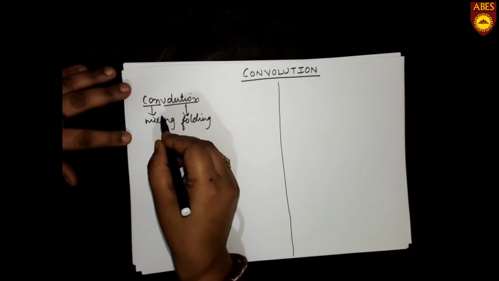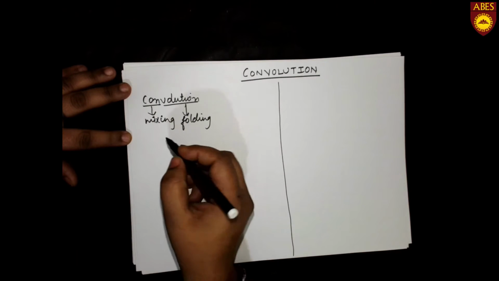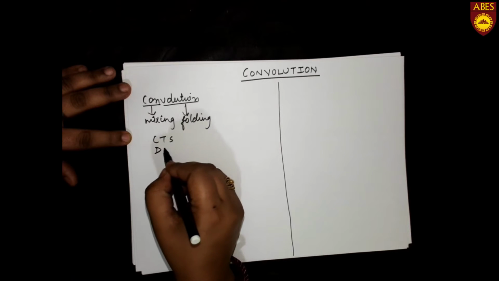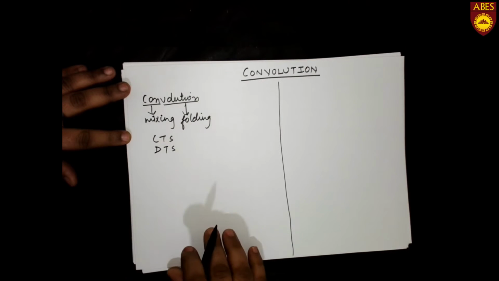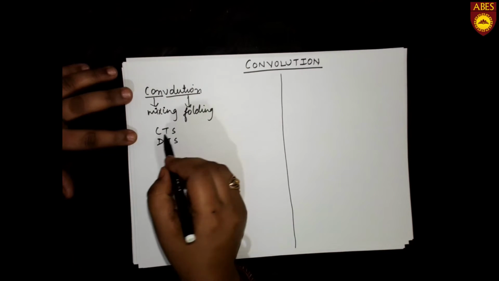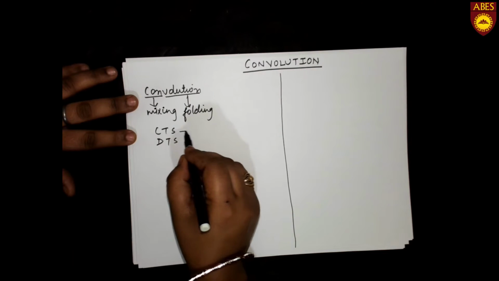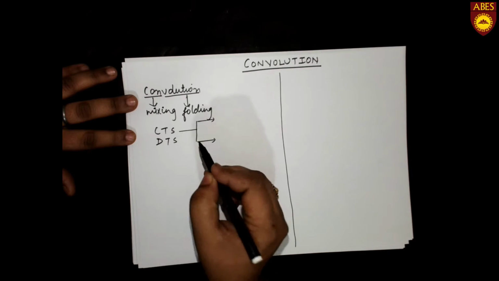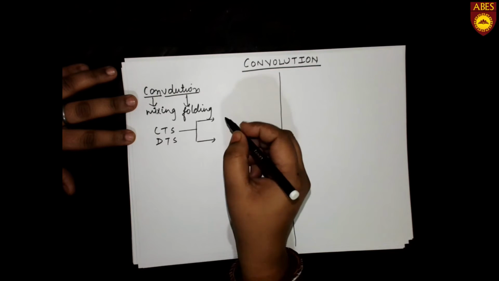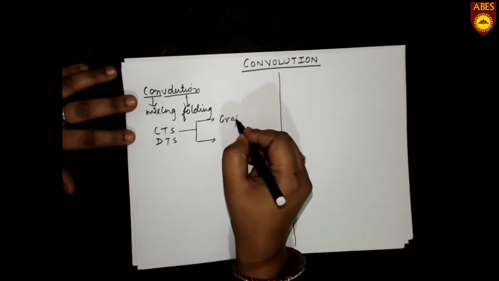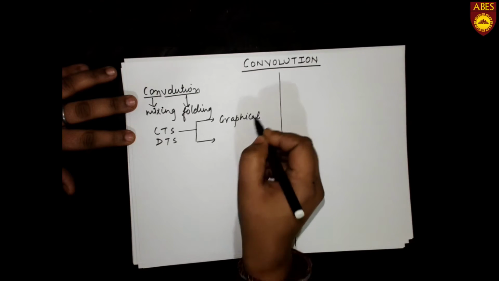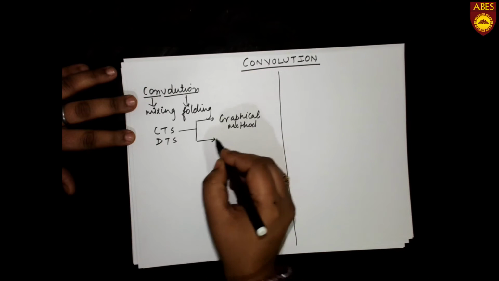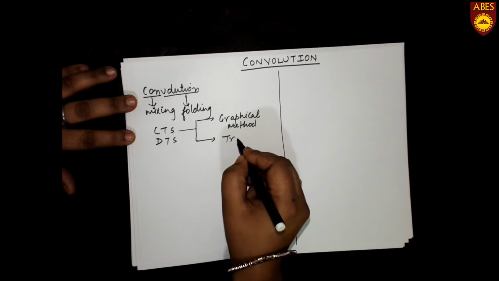Convolution can be performed on continuous time signals as well as discrete time signals. For continuous time signals, there are two ways by which convolution can be performed. First is your graphical method, and second one is your transform.